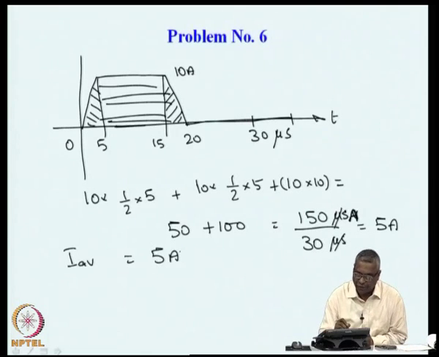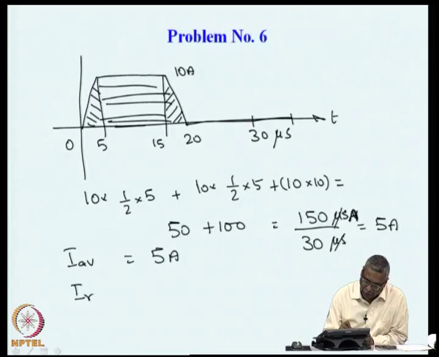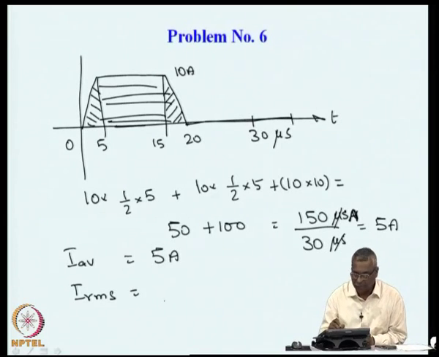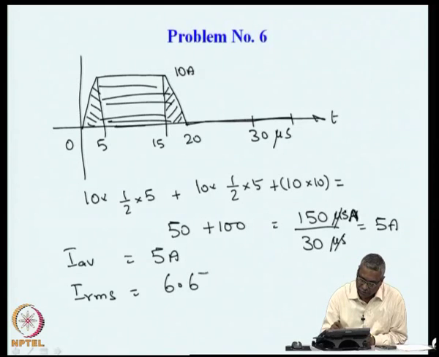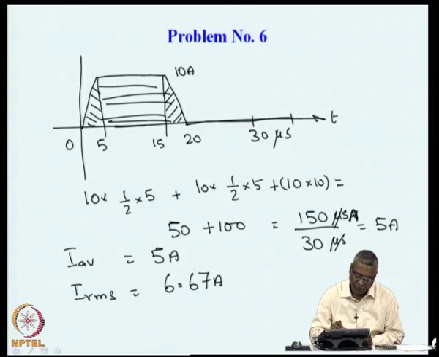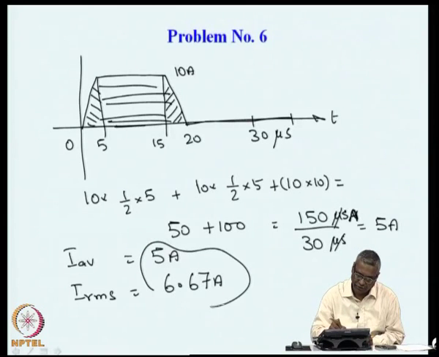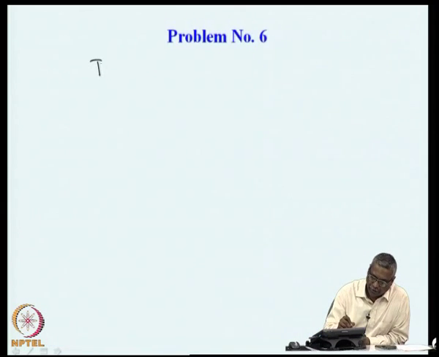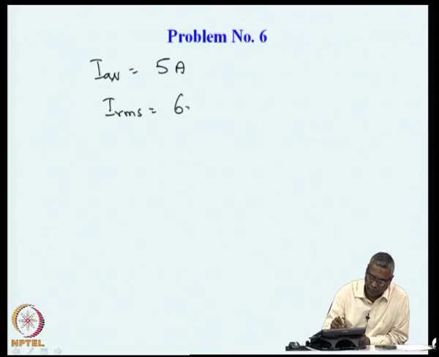In the same way, it is possible to calculate the RMS for this waveform, and that turns out to be 6.67 amperes. So, in this particular example, we will keep these numbers alone, average and RMS. Rest of it can be cleaned. So, I have I average is 5 amperes and I RMS is 6.67 amperes.